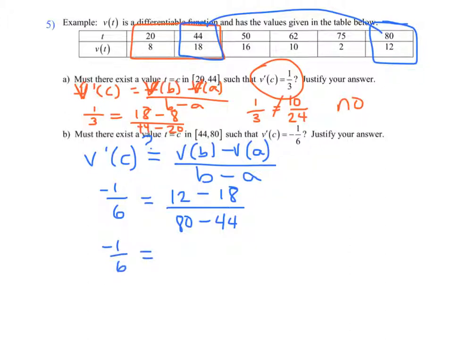Does that equal, this is negative 6 over 36, which clearly, yes, those fractions are equal, and so therefore there must exist a value of t equals c in between there, where the instantaneous rate of change is equal to the average rate of change.